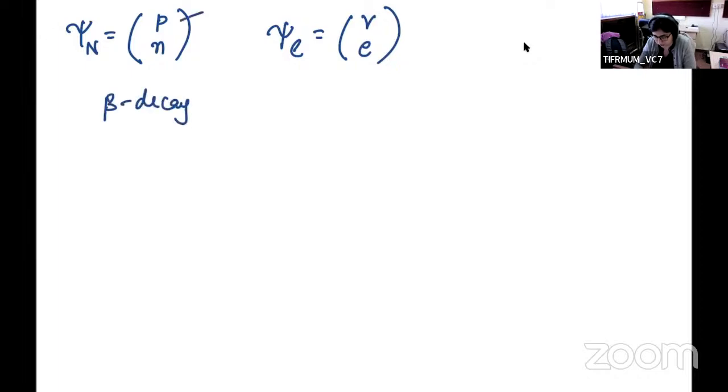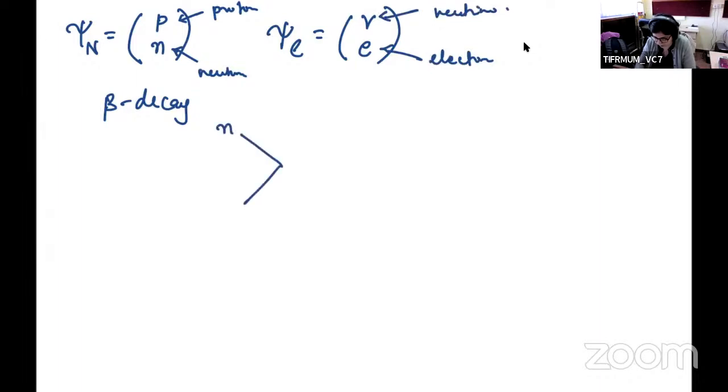So this is your proton, this is your neutron, this is your electron, this is your neutrino. You could think of it as being described by this particular diagram. Okay.